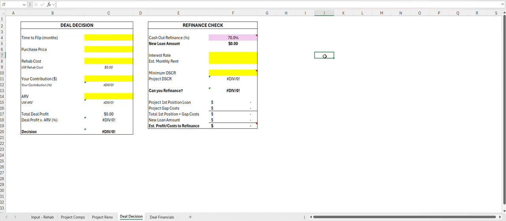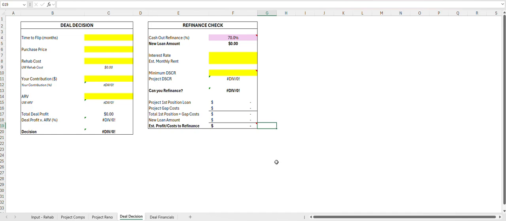It'll show you here, and then below it, this will show you if you're going to make money on the refinance or if it's going to cost you money in order to do a refinance. In my opinion, the most important part is that you can refinance. If you can refinance, there's a lot of strategic ways you can go about funding the cost to refinance. But if you can't refinance, that's worst case scenario. So you want to make sure you can refinance.